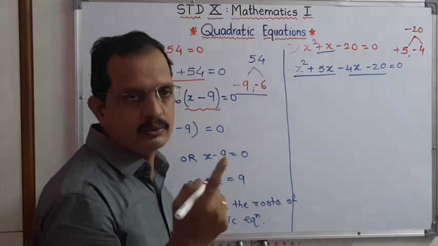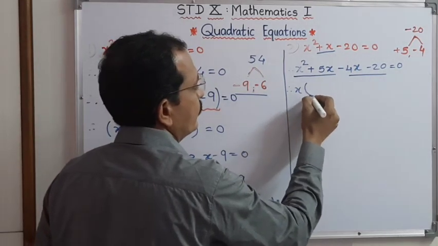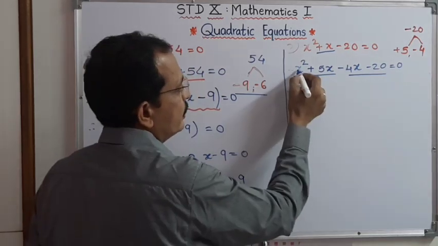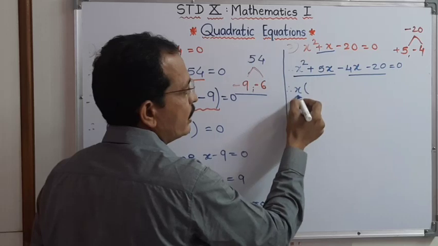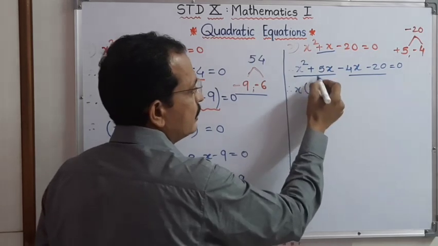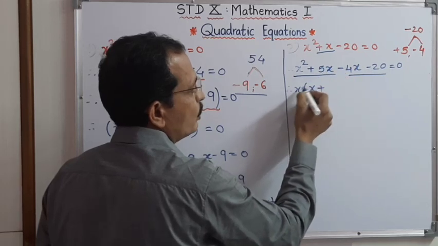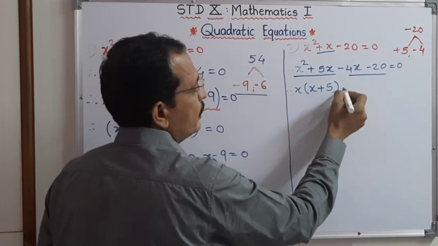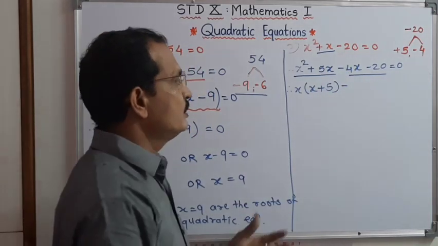I told you to take the minimum index, therefore x. The coefficient here is 1, and out of x square we take out x, therefore it is x. From 5x we take out x as common, therefore it is 5.